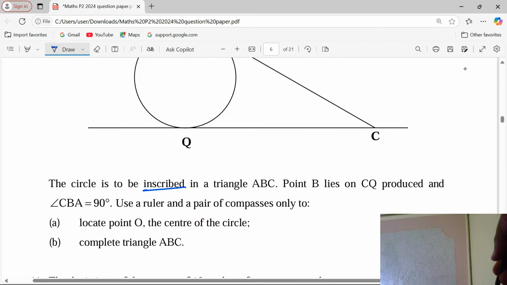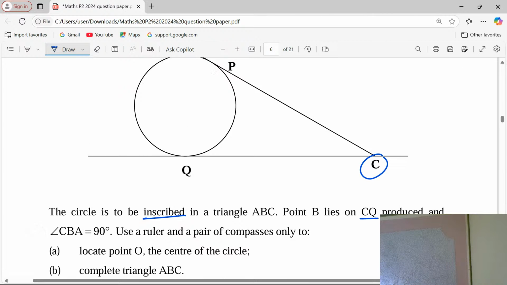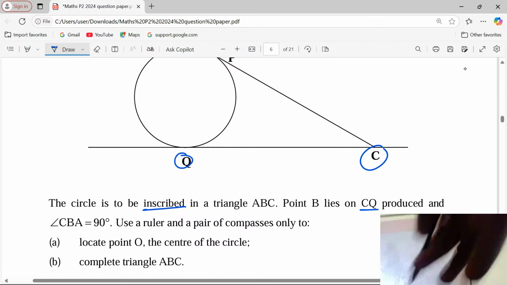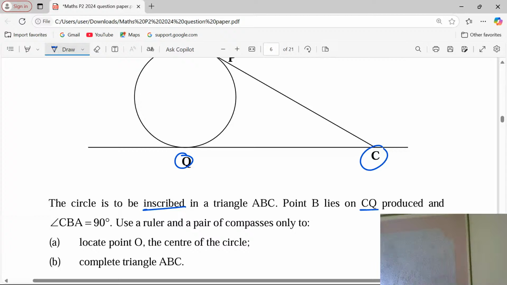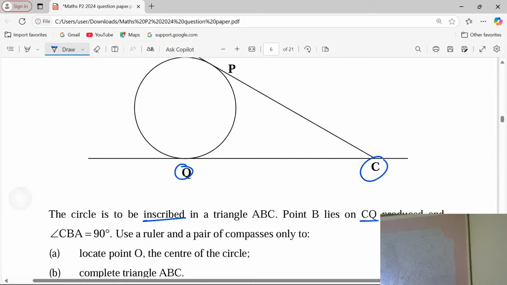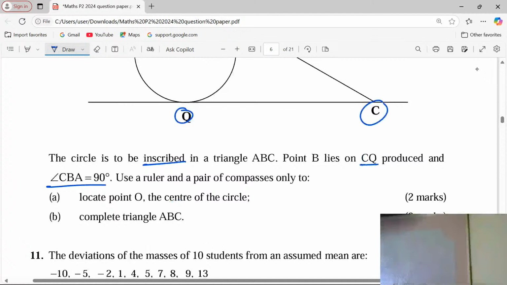Remember, we have C and we don't have A and B. Point B will lie somewhere on CQ, such that angle CBA equals 90.